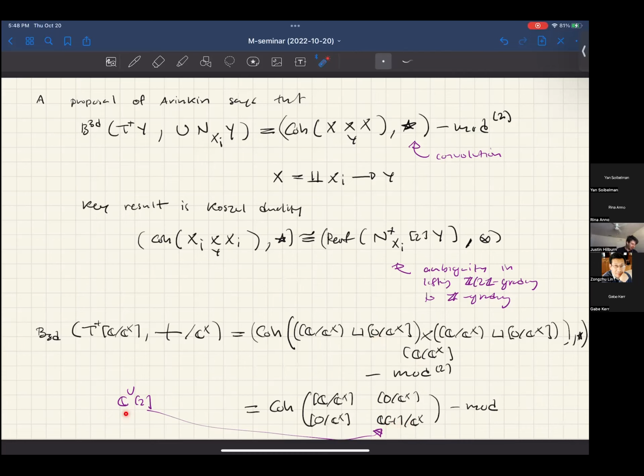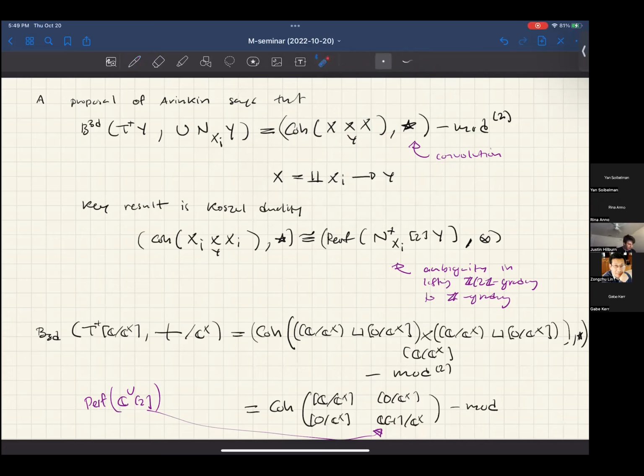And this thing can be Koszul dualized into a nice form where you can think of the category of coherent sheaves on this odd derived guy as just being the category of perfect complexes on an even guy, but with a funky degree shift. So that will come in handy.